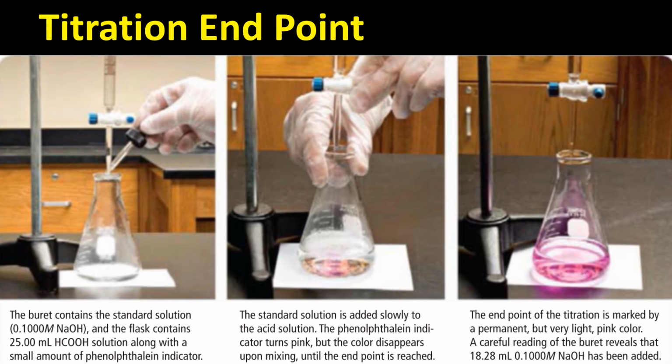So you can see on the far right picture, that's where you get to the end point. It's marked by a color that is persistent, that stays even if you swirl it around. Once that color is achieved and is persistent, then you know that you're at that neutralization point.